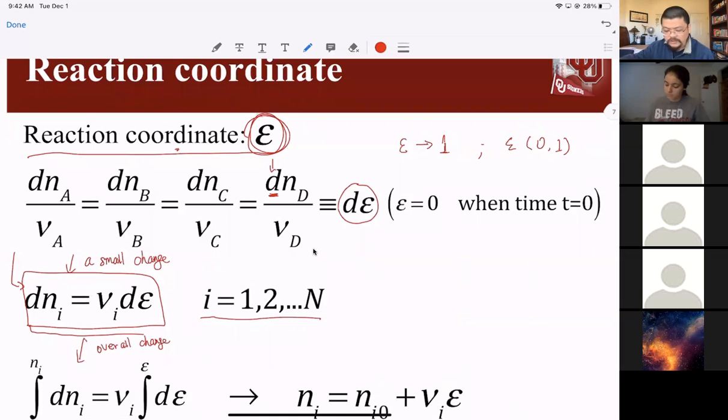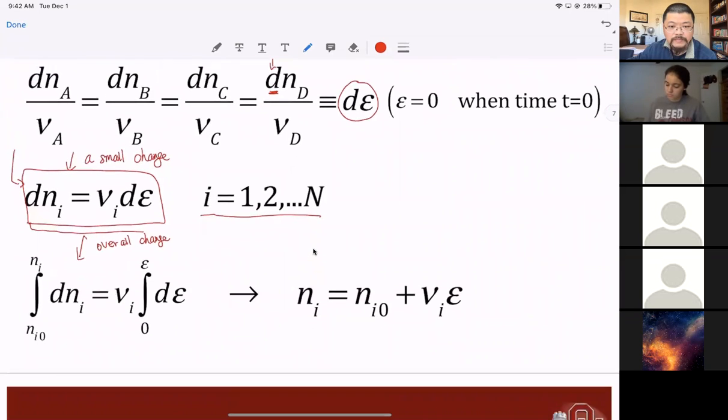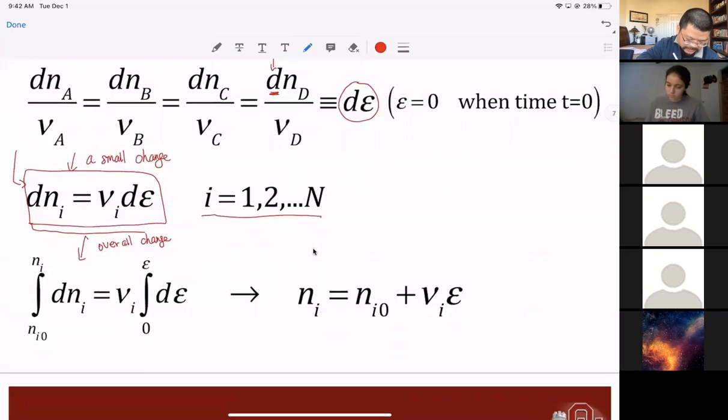So in order to get the overall change, mathematically, we know we need to run this integration, right? So now we start with this very general equation to look at the component i and its change. Over there, we say this is the initial. Initially, I'm going to have that many moles of component i.